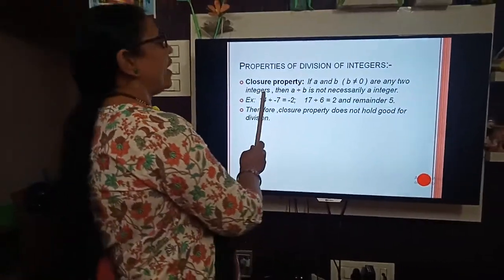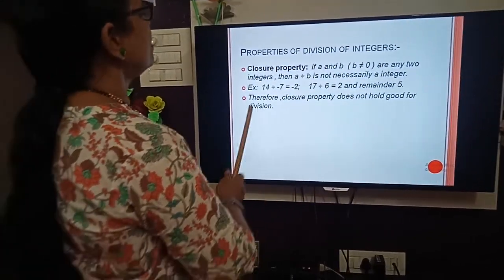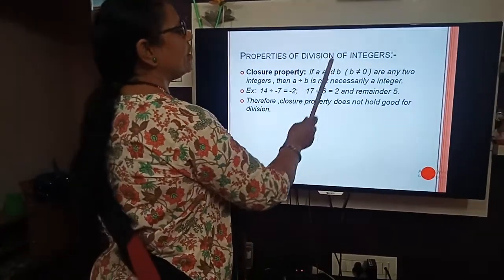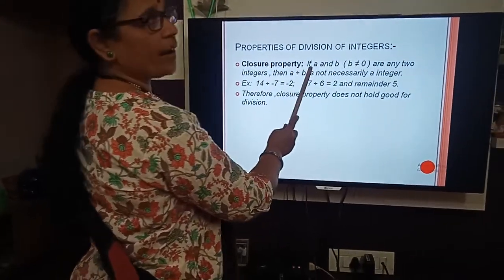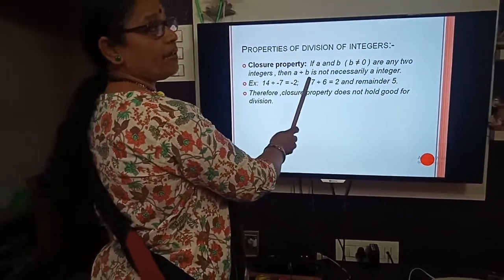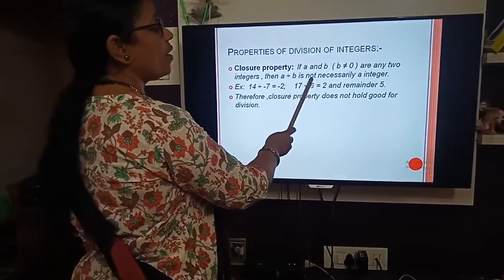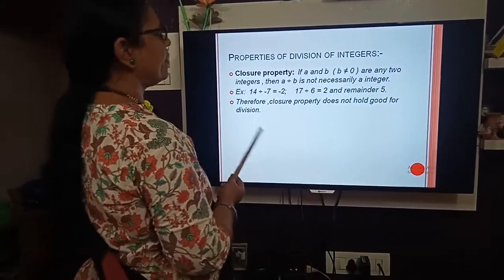Then closure property. Again we will learn all the properties of integers in the mathematical operation division. Closure property: if a and b are any two integers, then a divided by b is not necessarily an integer. Means sometimes it may change.